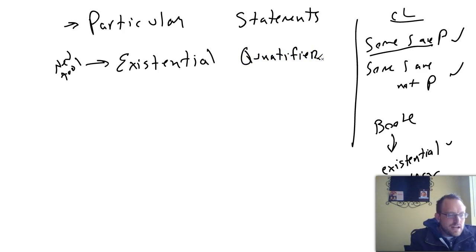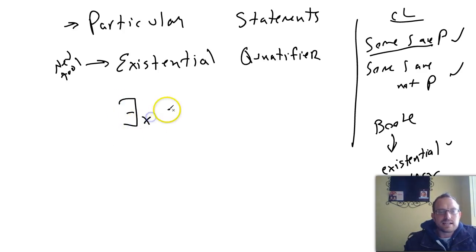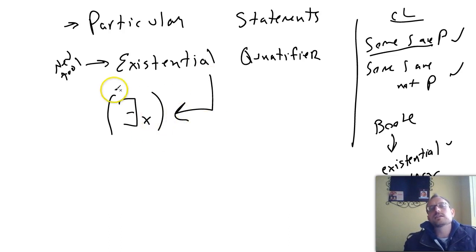Really, the existential quantifier looks very similar, except we're going to place a backwards E and an x, and that is going to be our symbol. It functions the same way as the other one. But wait a second, there's going to be a difference here. Just like the universal quantifier, it goes in front of whatever statement function is going to follow from it.